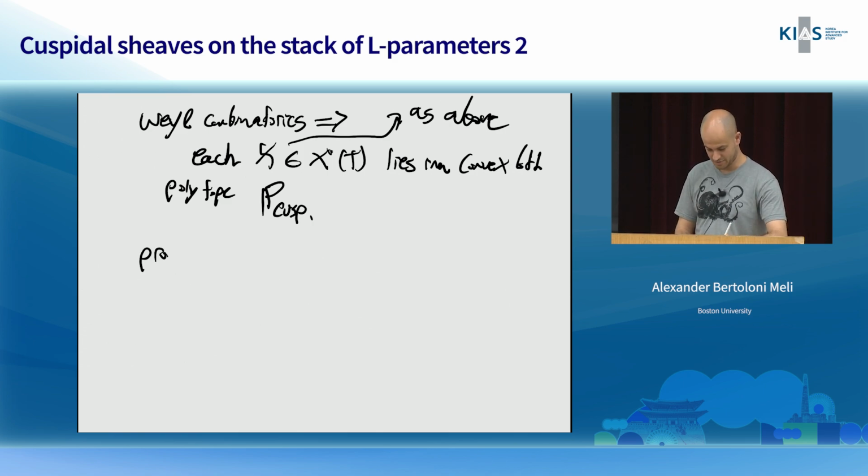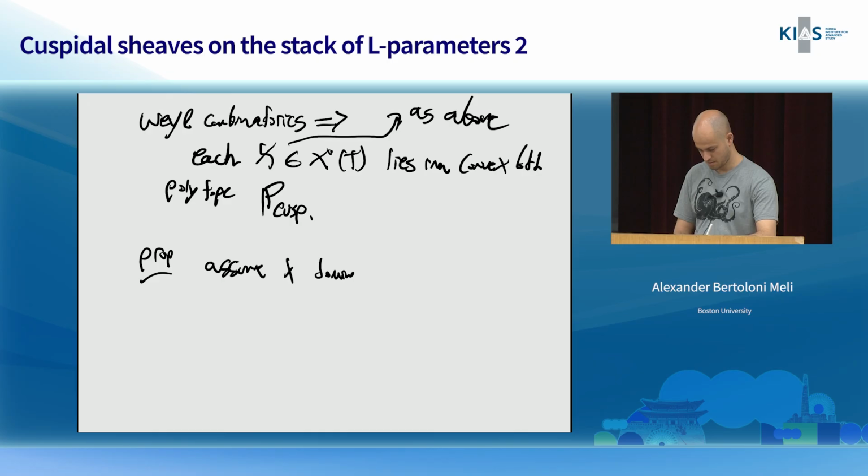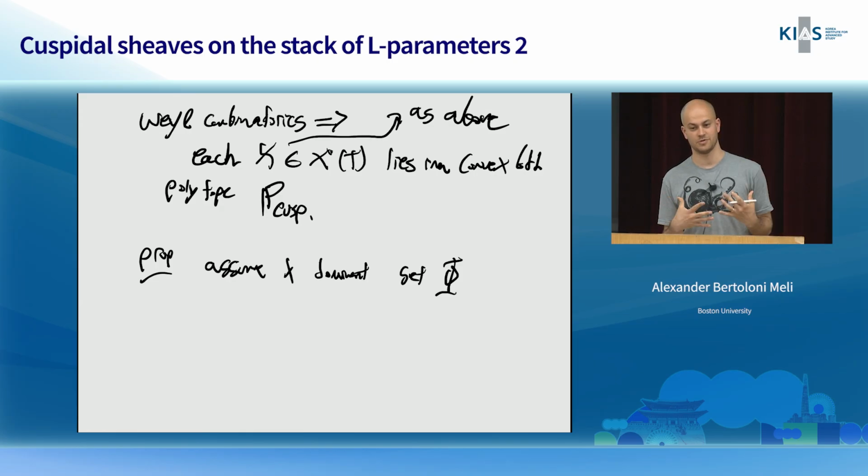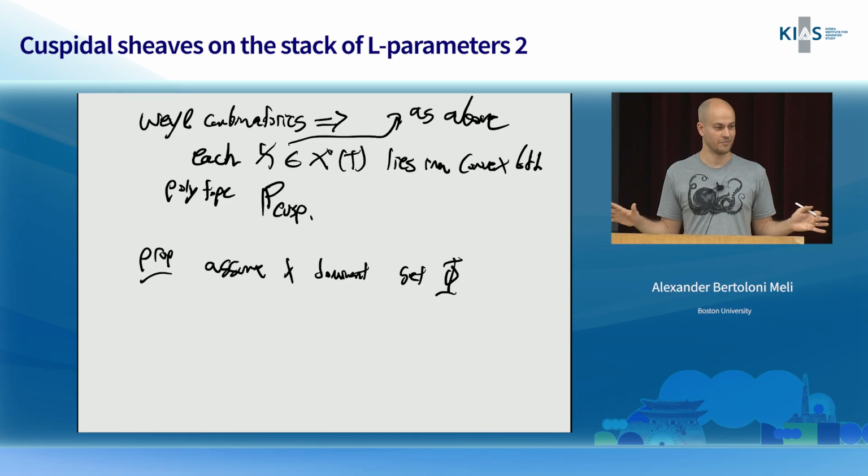And here's a proposition. Assume lambda is dominant and set phi n. So if lambda is dominant, it induces a weight for each positive root. And actually induces a weight for every root.